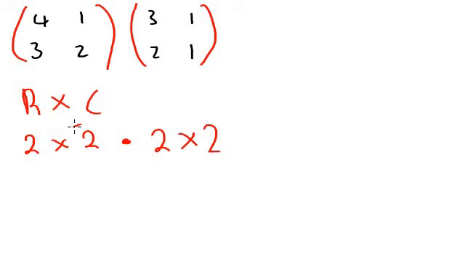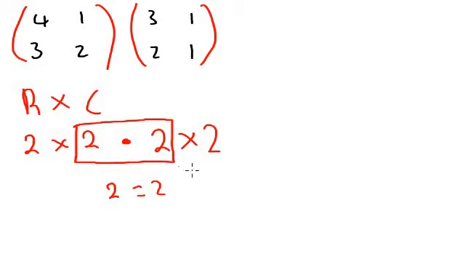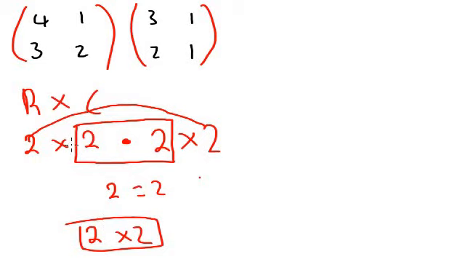So now you notice that the number of columns of the first matrix is equal to the number of rows in the second matrix. So definitely the product will exist, and it will be in the dimension of this by this. So the product of the two matrices will also be a 2 by 2 matrix, as this will be the dimension. Hopefully you got that.